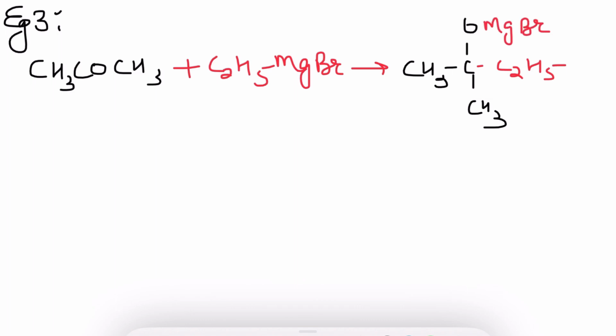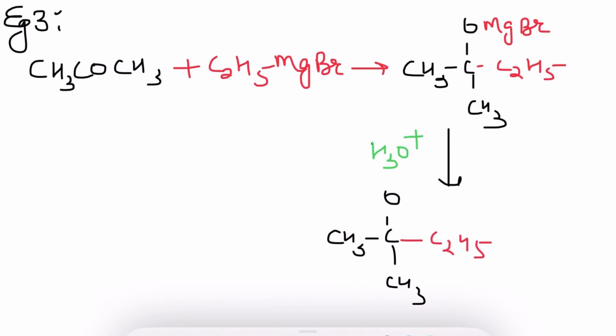The resulting addition product undergoes hydrolysis to give the required product. In this case, the resulting product formed is a tertiary alcohol because the carbonyl carbon here is surrounded by three alkyls, three carbons. That's why this carbon is a tertiary carbon. So the alcohol will be a tertiary alcohol here.